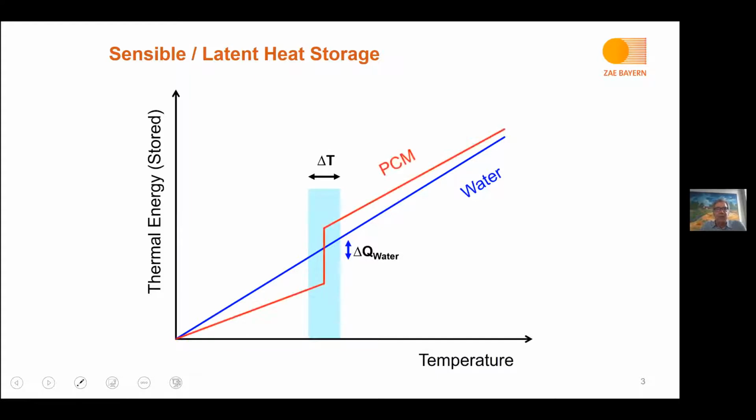If we look at phase change materials, and we have our melting point within this temperature range, we could probably store much more heat in this PCM, phase change material. So that's the basic idea, to get higher energy content, higher storage capacity, or higher energy density. That's all the same, more or less.